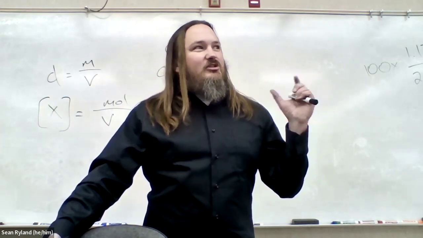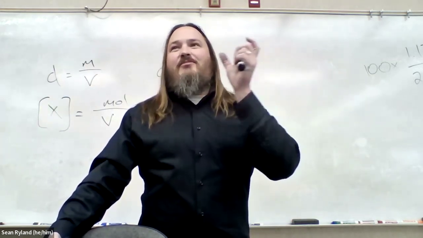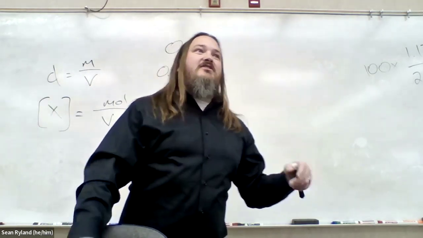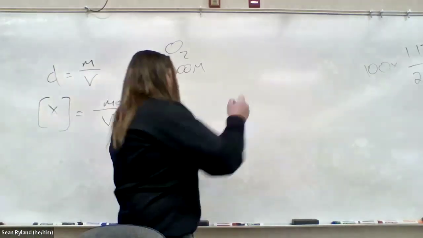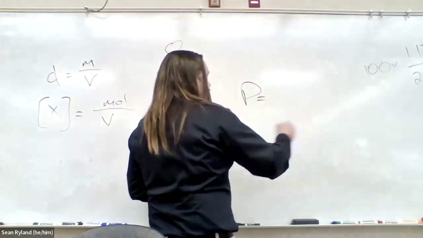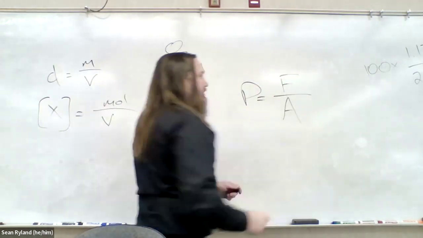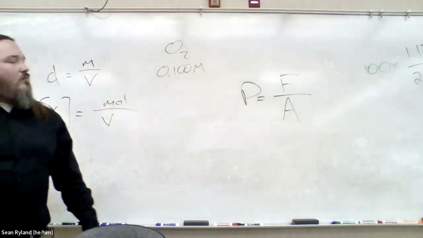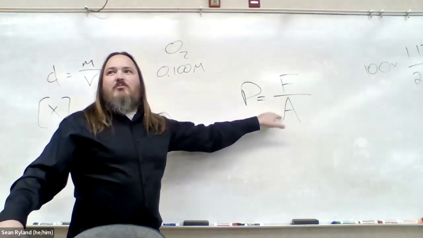The difference between those is that force is not the same as pressure. Pressure is force spread over an area. So the definition of pressure is force over capital A, this time for area. What happens if you have the same amount of force but a smaller area?